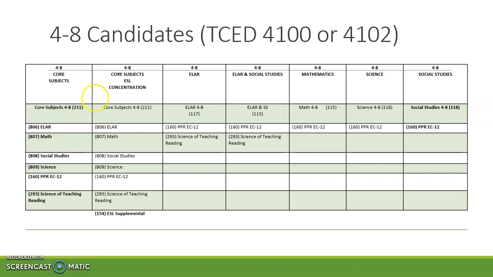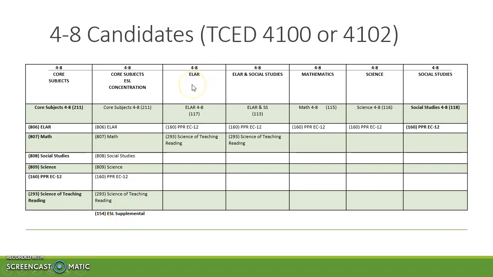This exam has 4 parts to it. You are assessed in ELAR, in math, in social studies, and science. You will also take the PPR because everyone takes that, and then you will take the STR. So right here, you all have 3 exams to take. The extra one would be the ESL, which is the supplemental, if that is the concentration you're choosing.